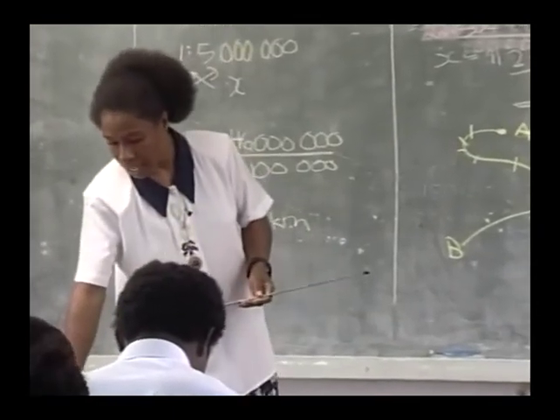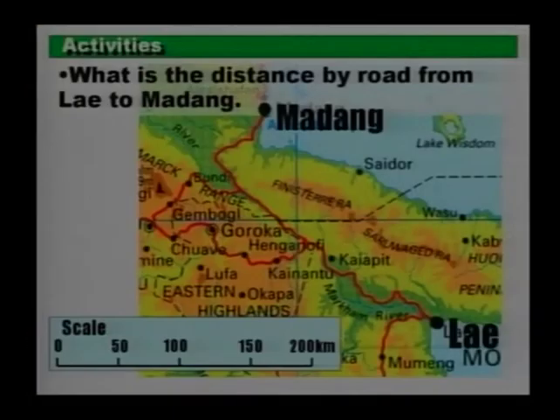Let's look at the second example. This time all the way from Leh going up to Medeng. We divide this into subparts of straight line, and then what would be our answer in centimeters? Moses, what was the answer you got in centimeters from Leh to Medeng? Anyone has an answer for Leh to Medeng in centimeters?